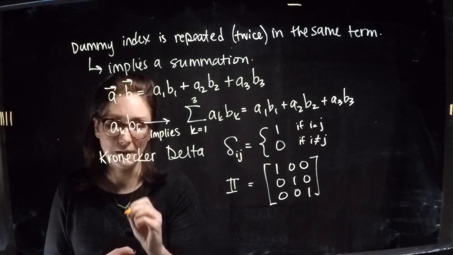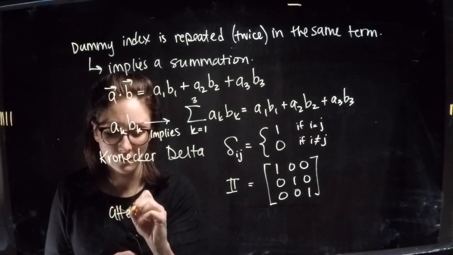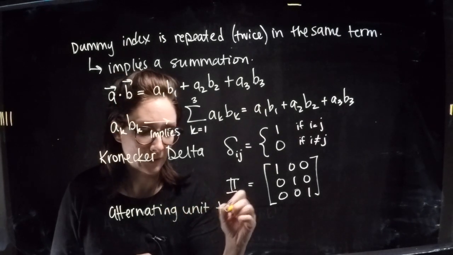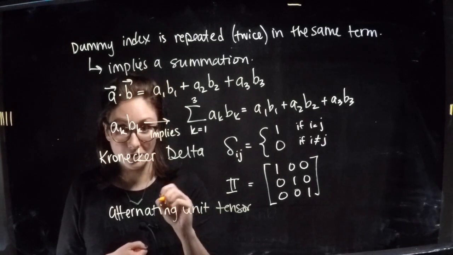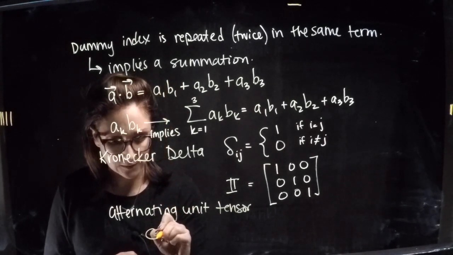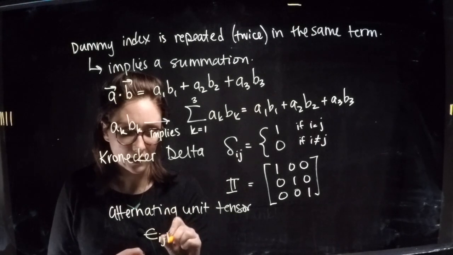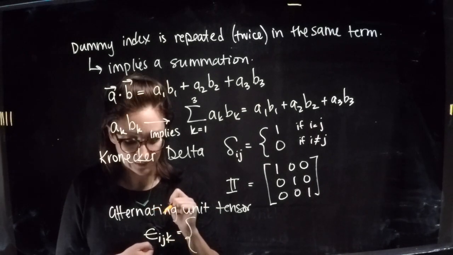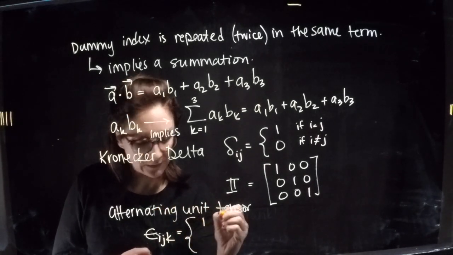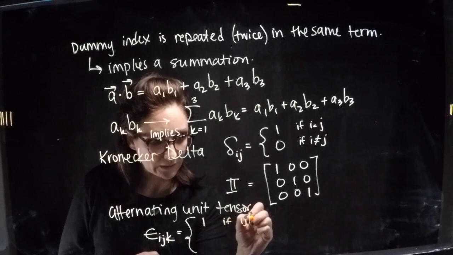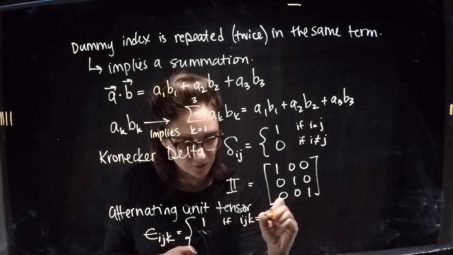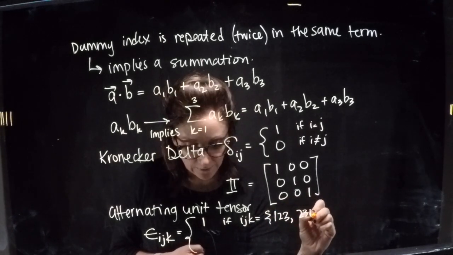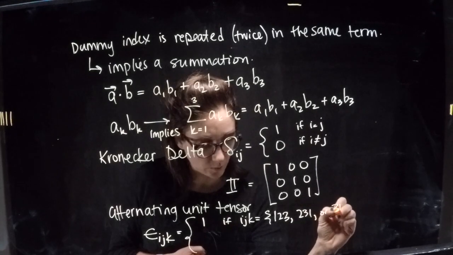And then the other one that we have is the alternating unit tensor. So this one is actually a rank 3 tensor. It's denoted with an epsilon, and then i, j, and k are its free indices. And this one is defined a little bit more interestingly. So it is 1 if i, j, and k are equal to one of the following combinations: 1, 2, 3, 2, 3, 1, or 3, 1, 2.